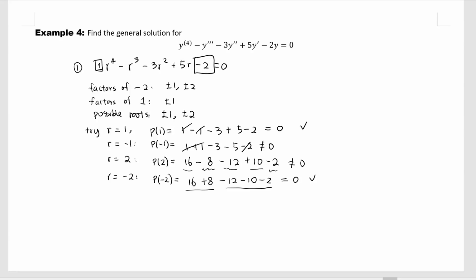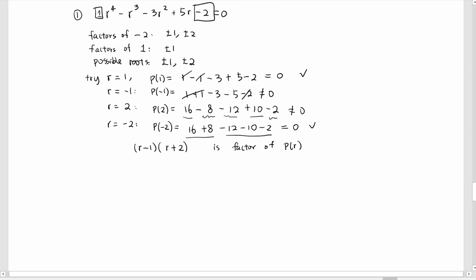So 2 roots, and what are the factors? 1 corresponds to the factor r minus 1. The other one, negative 2, corresponds to the factor r plus 2. So these are factors of p of r.